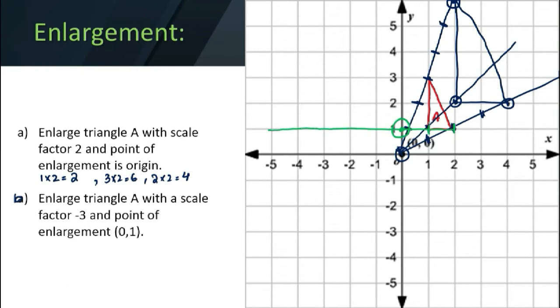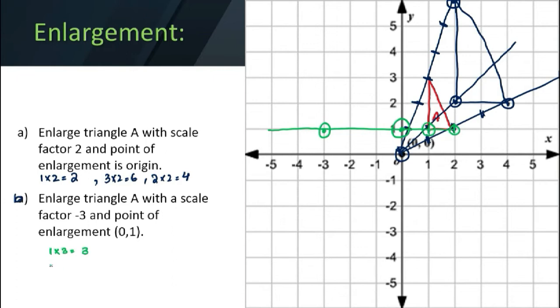Now, this first vertex has one box distance from the point of enlargement. So 1 multiplied by 3 is equal to 3. So we will mark 3 boxes on the opposite side of point of enlargement. So 1, 2 and 3. Its image is here. Then if we check this second vertex distance, here we have 2 boxes.